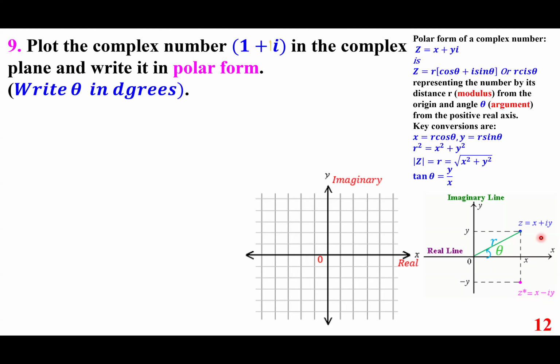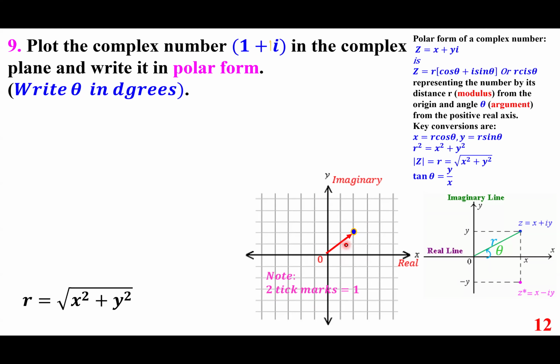So in this case, 1 to the right, 1 up. And of course, since we're going with 2 tick marks, 2 to the right, 2 up, that would be what we are looking for. This is r, and this is theta.